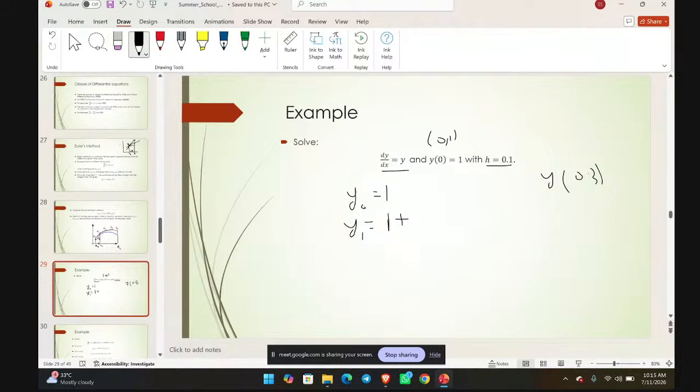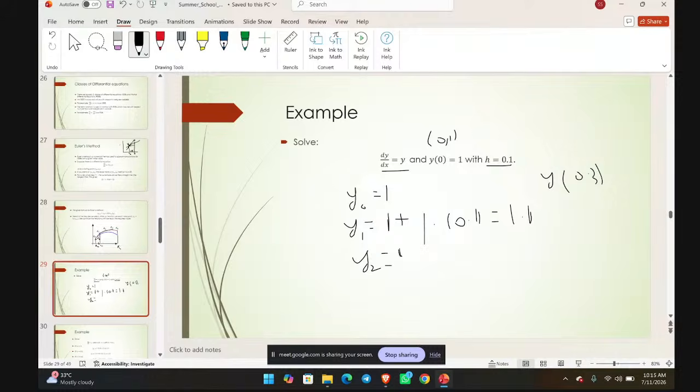Here the slope at this point is given by y itself. The value of y is 1 at (x0, y0). So 1 into step size 0.1 turns out to be 1.1. So this is y1.